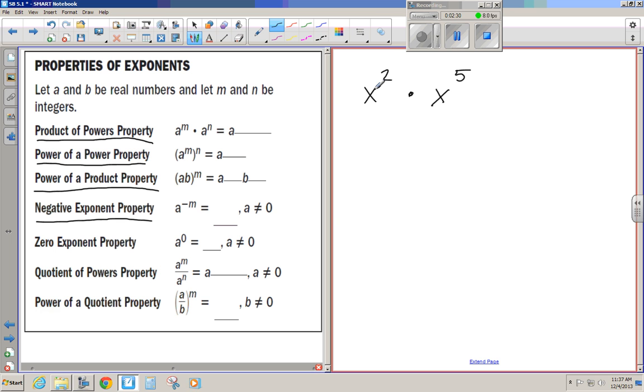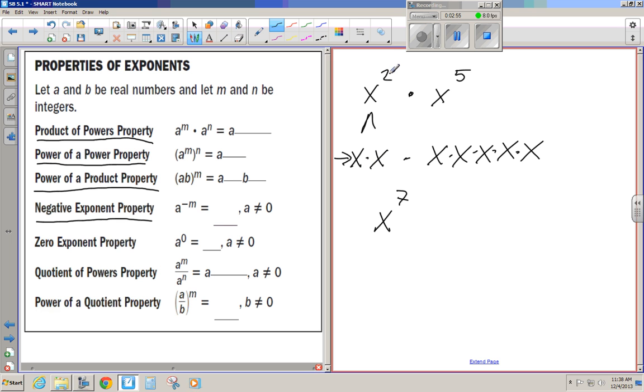Okay? The x squared means x times x. X to the 5th means x times x times x times x times x. And all of them are being multiplied. So altogether, you should be able to count up how many times this variable is being multiplied and get x to the 7th. Now, we don't want to write this out like this all of the time.